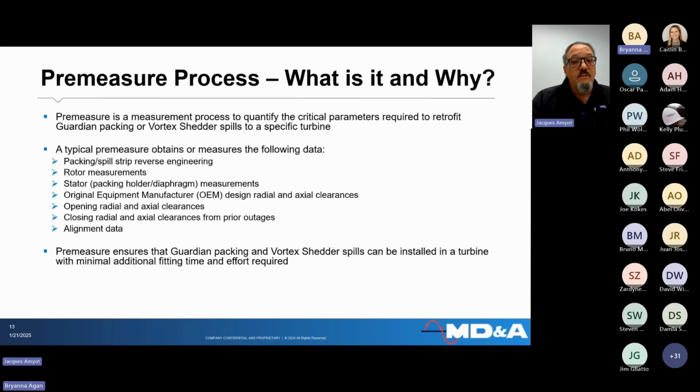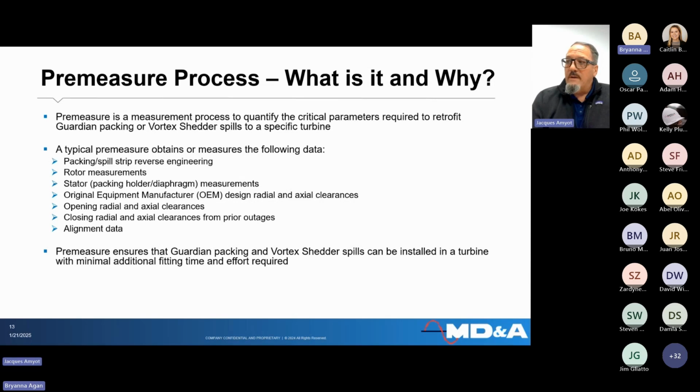It's important for us that this combines with knowing the opening radial clearances, the clearances that were present when the unit was opened up for outage, and any closing clearances from prior outages. All those factors are used to determine optimal clearances for seals going into your turbine for the next outage, or for the outage that's currently going on.